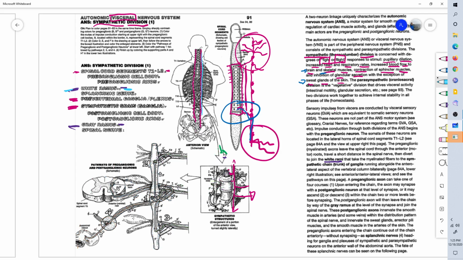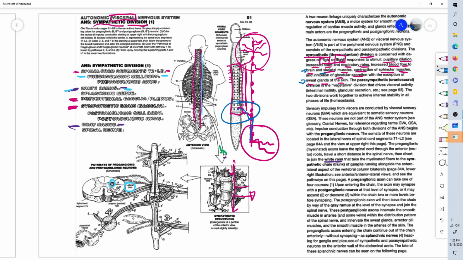So let's define a couple terms here. Preganglionic cell body. Where would you find the preganglionic cell body? Of course, you know this already. You would find it in the autonomic nervous system, the sympathetic, right here in the lateral horn. Where would you find the postganglionic cell body?